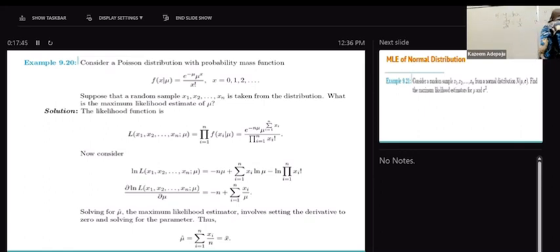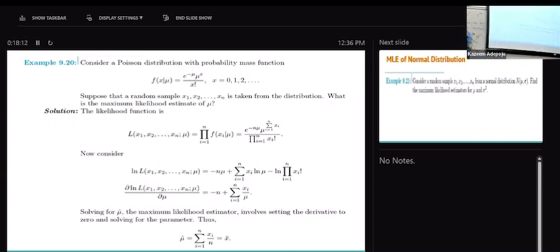Okay, so I now want to differentiate this guy with respect to mu. This is going to be 1 over mu, summation x 1 over mu, which is going to be summation x over mu. Okay, so if I do the derivative of the log likelihood, it is going to be minus n plus summation x over mu. This guy is going to be 0. There's no mu here, right? It's going to be 0, right?